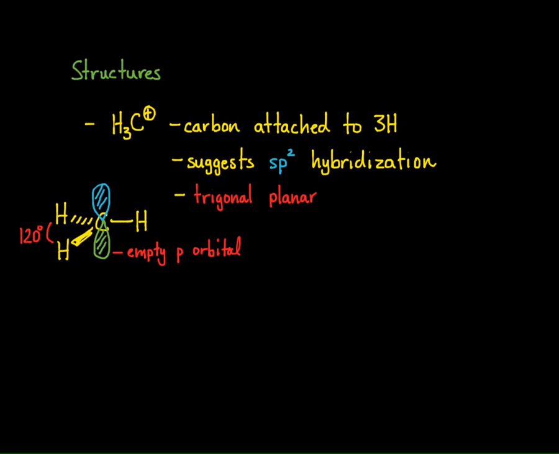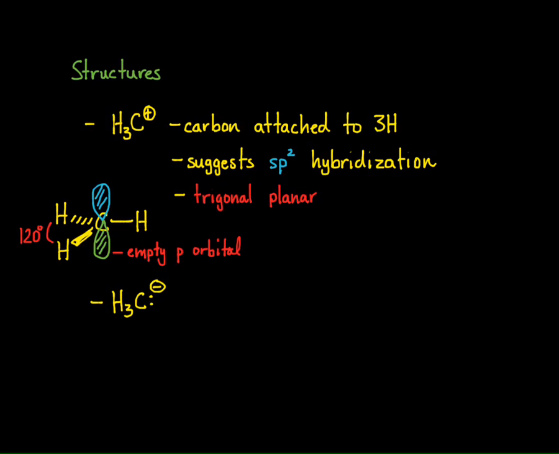Any of them that involve the formation of a carbocation, we know that the geometry is going to change to this sp2 geometry. So methane has an sp3 geometry. The methyl carbocation has an sp2 geometry.